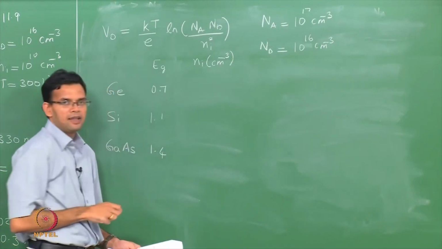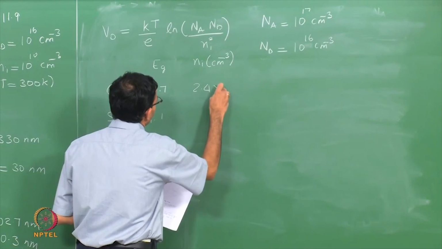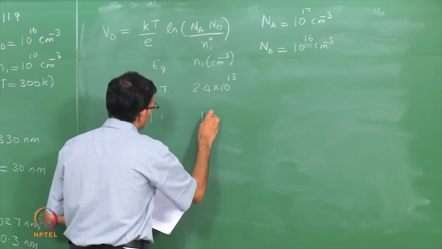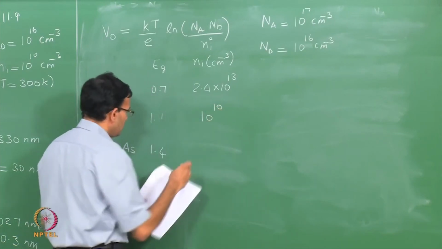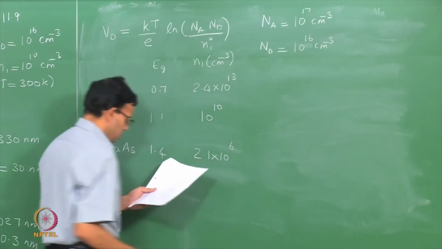We have done these calculations before for these intrinsic materials: 2.4 times 10 to the 13, 1 times 10 to the 10, and 2.1 times 10 to the 6.